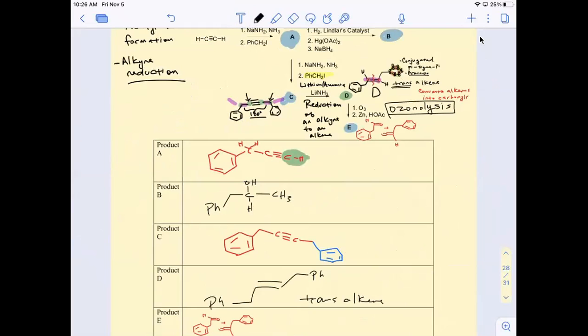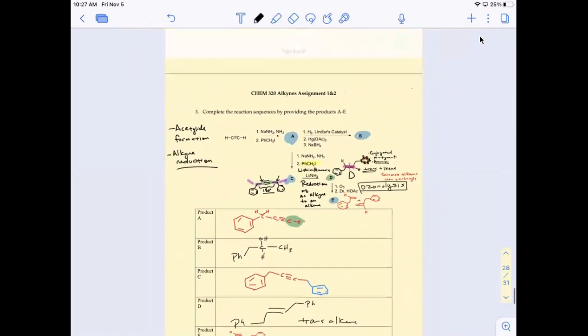We talked about that, and then we've also talked about using the alkyne as a nucleophile by deprotonating the acetylide or the acetylene carbon, and then reacting it with some electrophile that's primary.